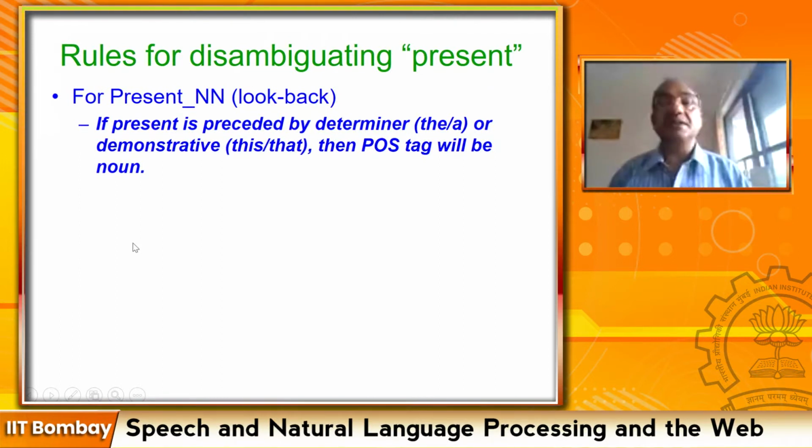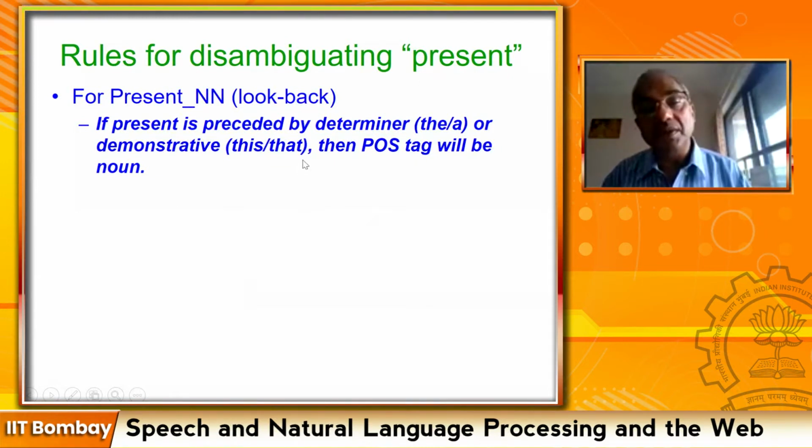Now the question we ask is, does this rule classify correctly? Does it disambiguate or give the correct part of speech tag accurately in all situations, correctly and completely? I think you are sensing that we are referring to precision and recall. What is the precision of this rule and what is the recall of this rule?